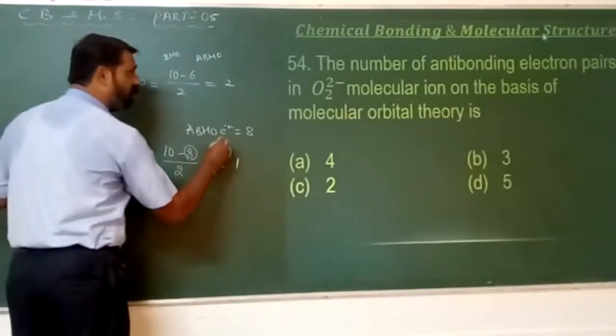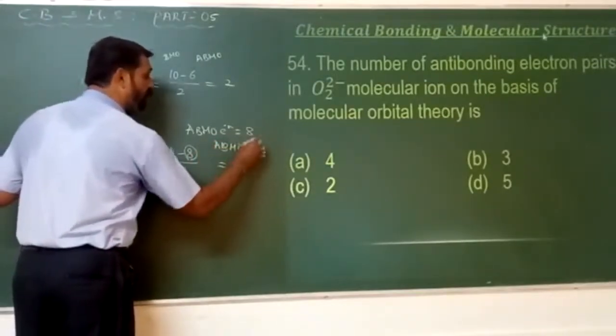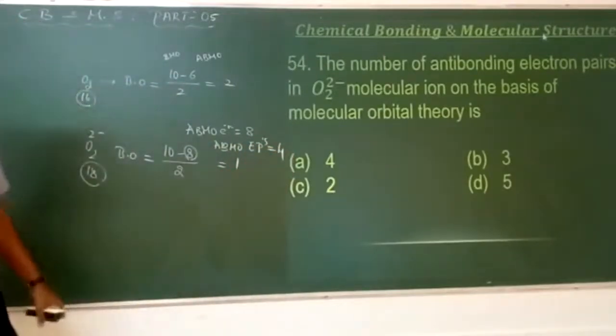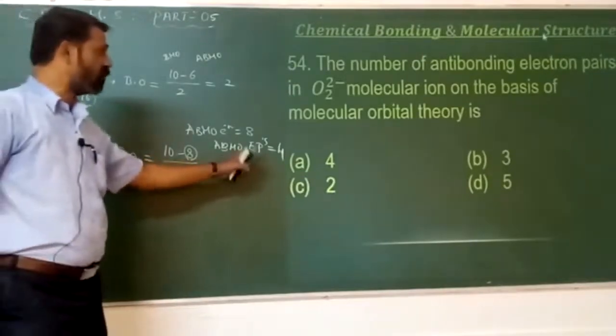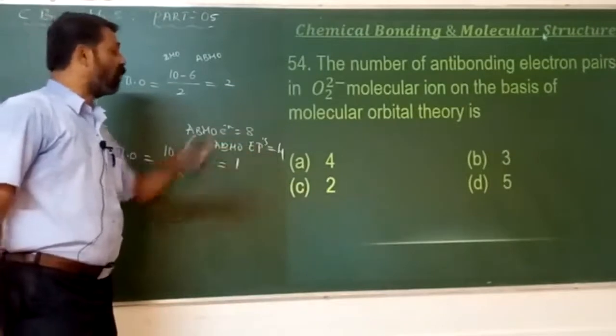That means it has 4 ABMO electron pairs, because previously it was 8 electrons, and 8 electrons means 4 electron pairs.